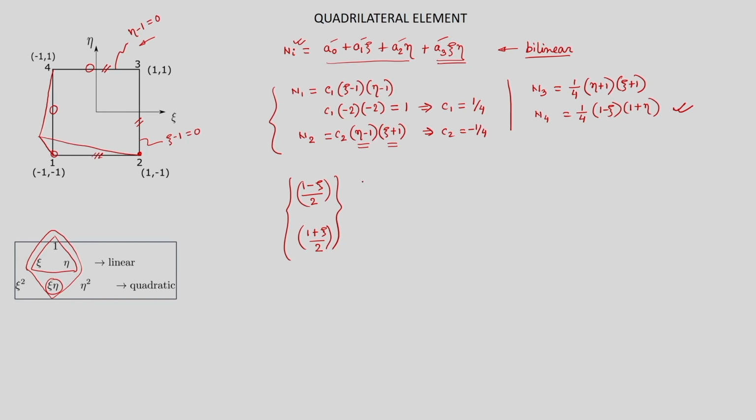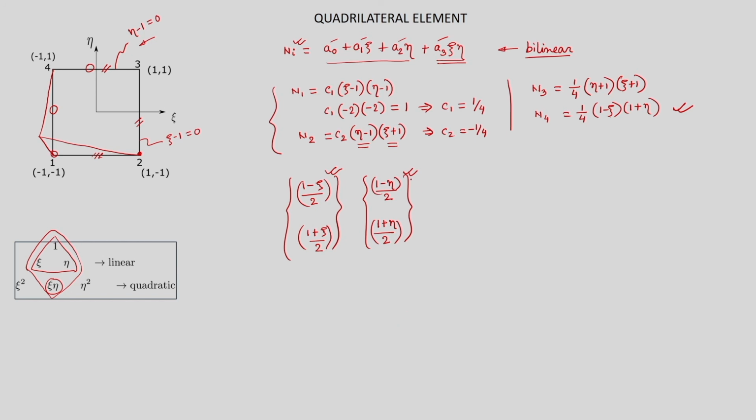If we construct the same linear shape functions in eta varying from minus 1 to plus 1, those two shape functions also look like this. So, this is the 1D shape function in xi, and these are the 1D shape functions in eta corresponding to p equal to 1.